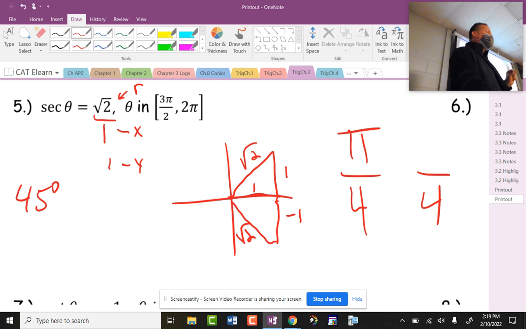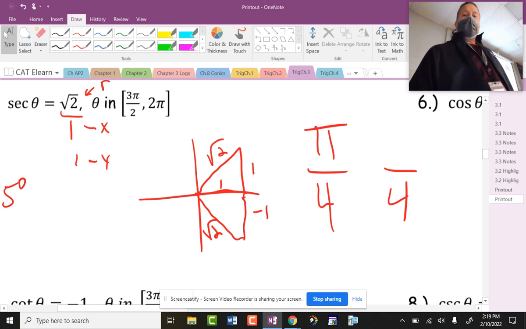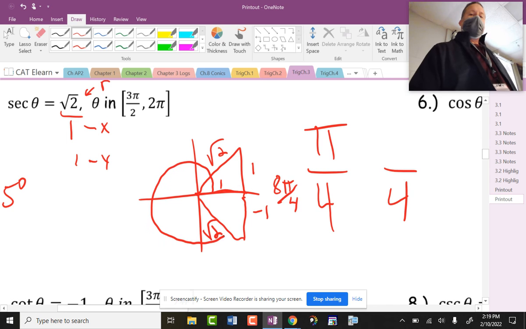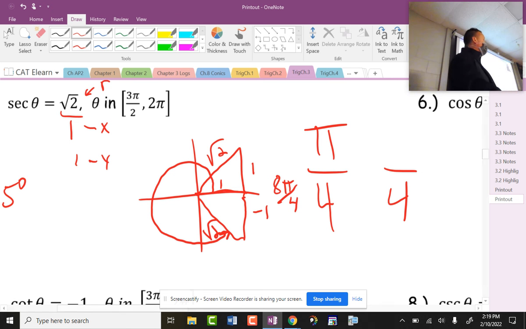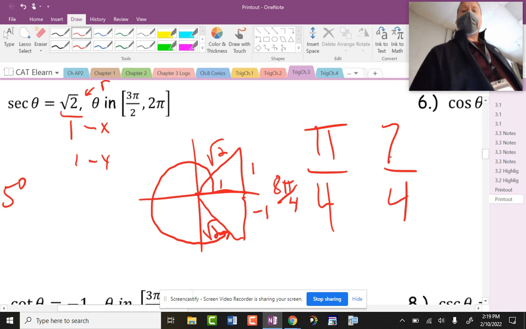I shouldn't have said 1 pi over 2. That's 90 degrees though. What's here? So this is 8 pi over 4. Again, why am I doing this? Because we're going in this direction. So we're very big. We're close to a full revolution when we're in 4. 8 pi over 4 is a full revolution. Jump back. What is it? 7 pi over 4.